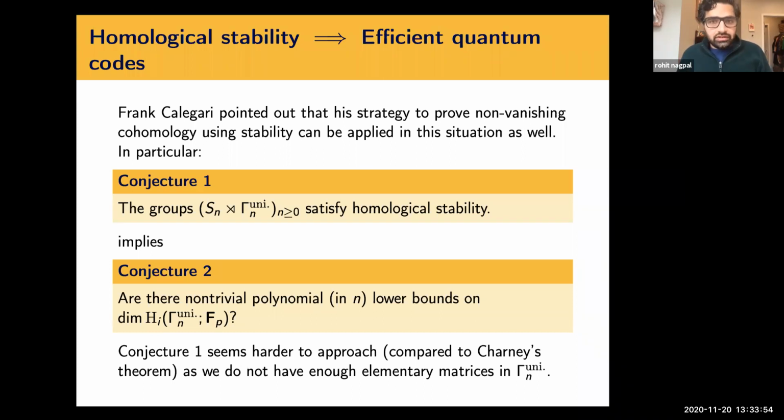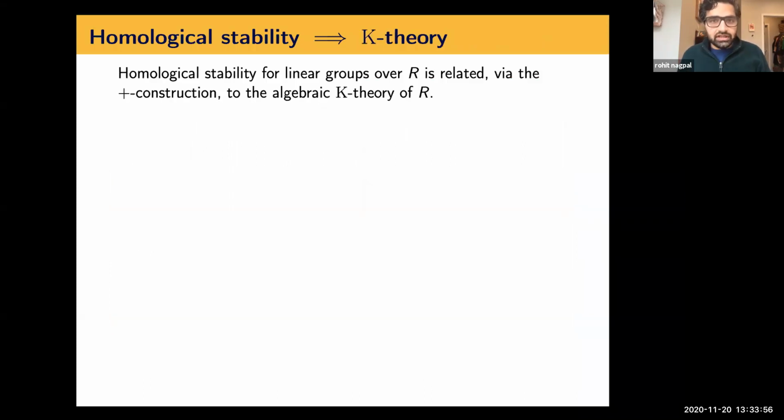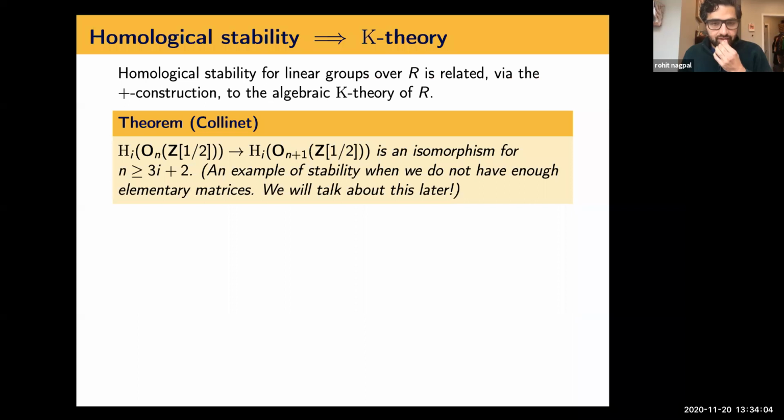Okay, so next, maybe I will tell you about some other applications where you can use stability. Here is another homological stability result. You take the orthogonal group. Here, the orthogonal group O_N corresponds to signature (0, N), which means the form corresponds to the identity matrix, so it's the Euclidean orthogonal group.